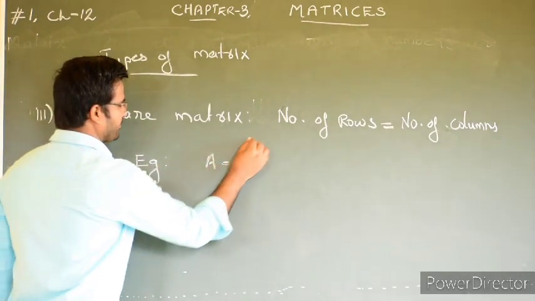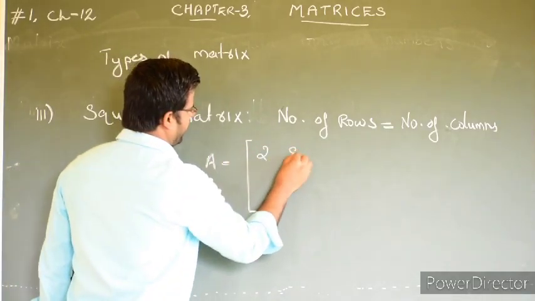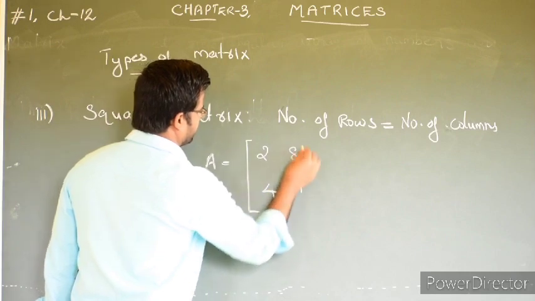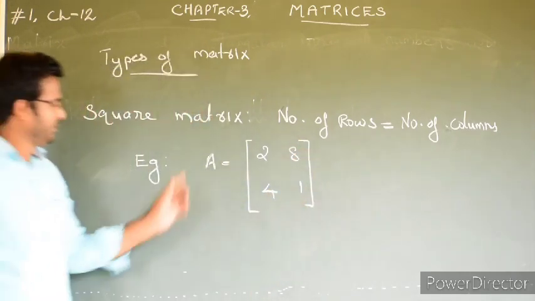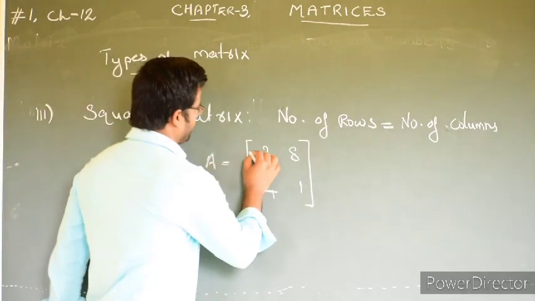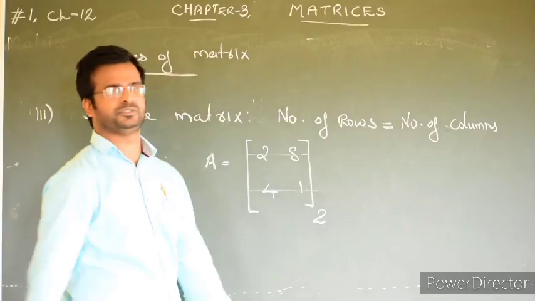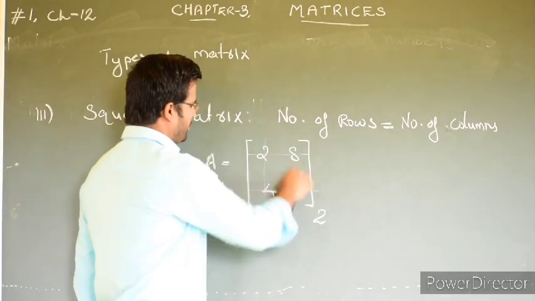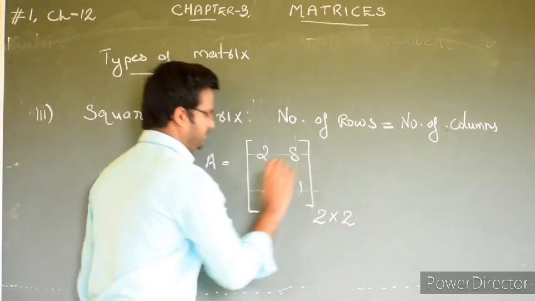Matrix A, we use square brackets, 2, 8, 4, 1. Here the number of rows is 2 and the number of columns is 2. It is a 2 by 2 matrix.